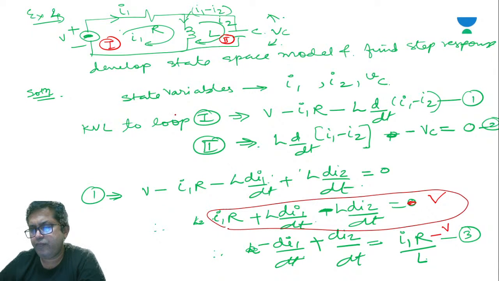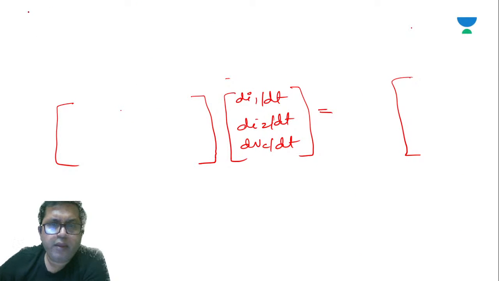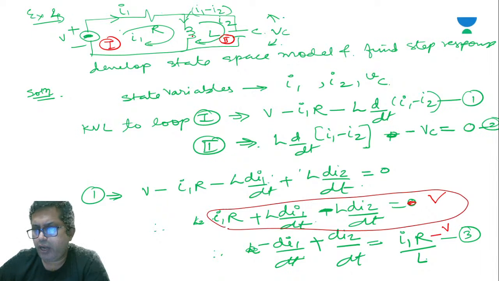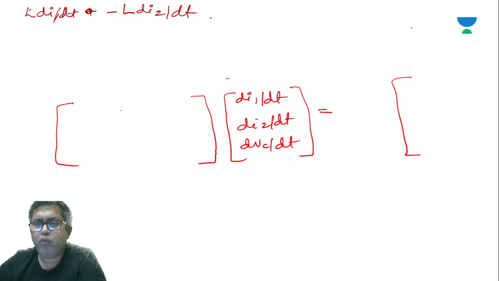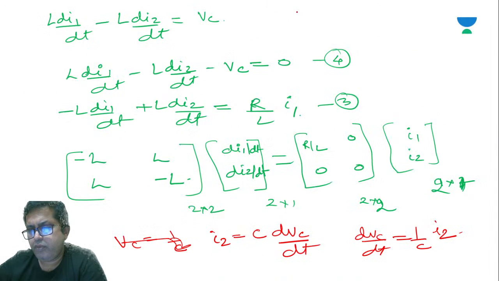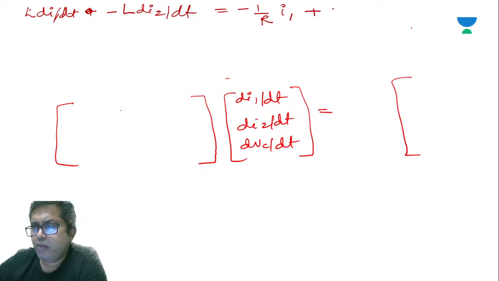L di1 by dt minus L di2 by dt is equal to minus 1 by R into I1 plus V. V is the input.